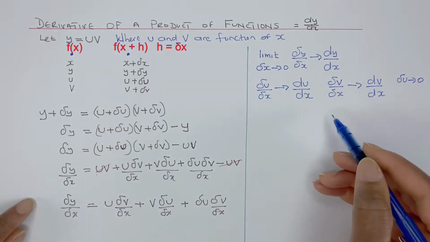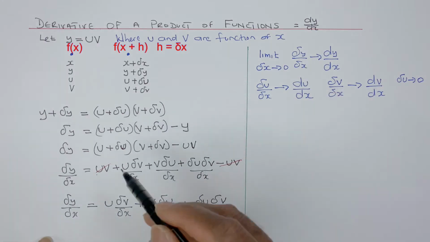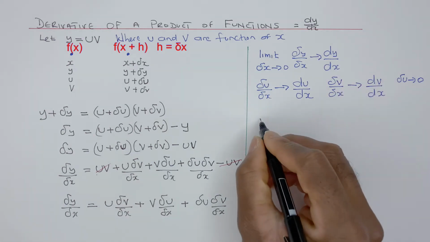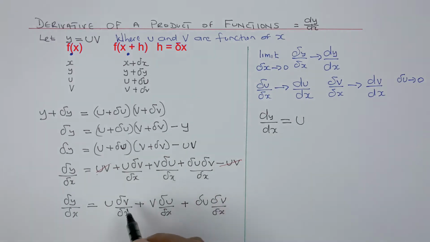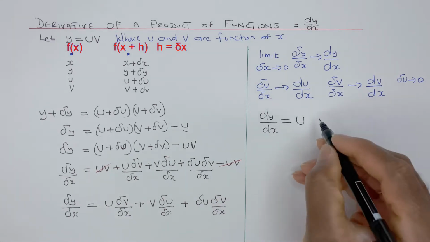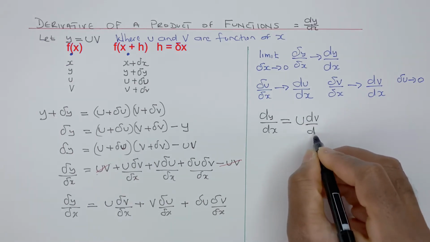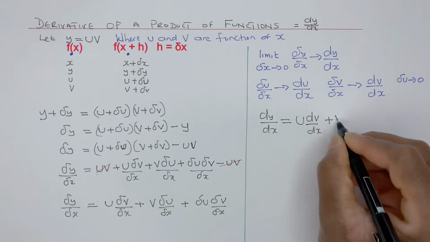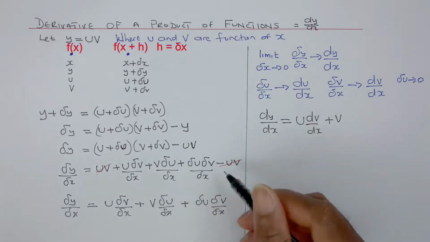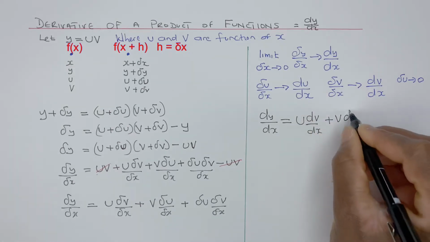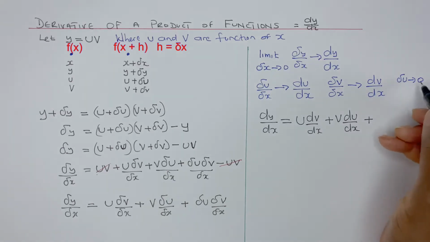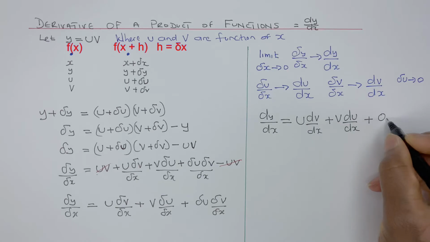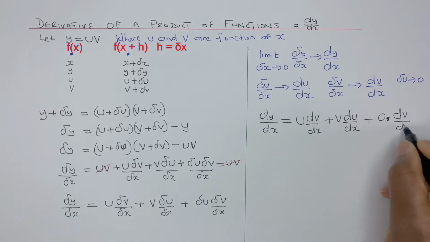And now we need to put all this back into here, which means instead of delta y over delta x, we have dy over dx equals u, instead of delta v over delta x, we have dv over dx, plus v, instead of delta u over delta x, we have du over dx, plus delta u here is 0, so that's 0 times dv over dx, and 0 times dv over dx is 0.